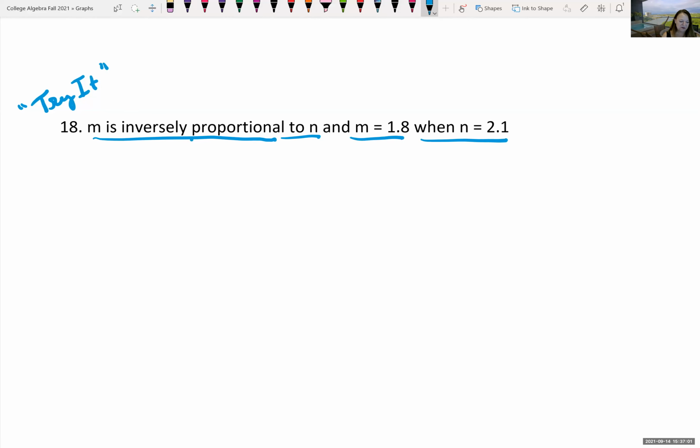Okay, so M is inversely proportional. So M equals K over N, because inversely. We know M is 1.8 is equal to K all over N, which was 2.1. So I can see K is equal to 2.1 times 1.8.